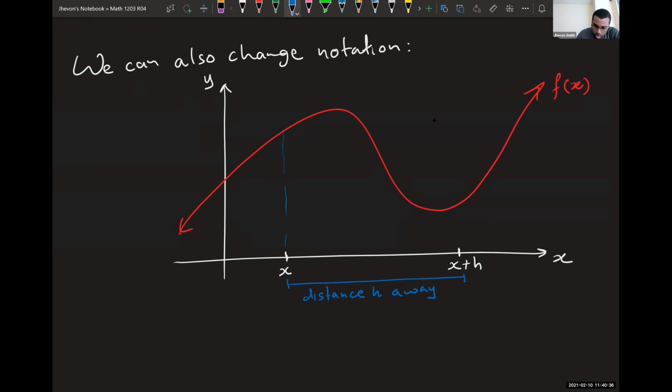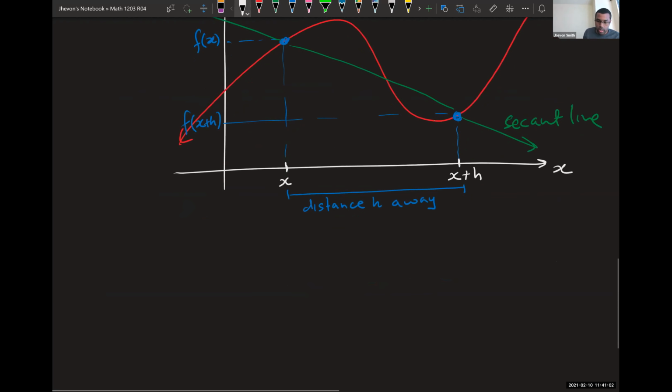So go here. This is going to be called f of x. And of course, go here. This is, of course, f of x plus h. And again, there's this straight line connecting the two guys. And so now, when we get the slope of the secant line, we get y2 minus y1 over x2 minus x1.